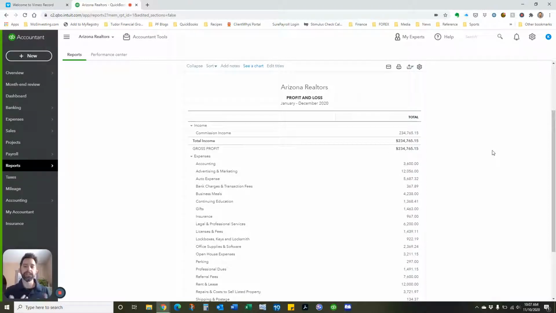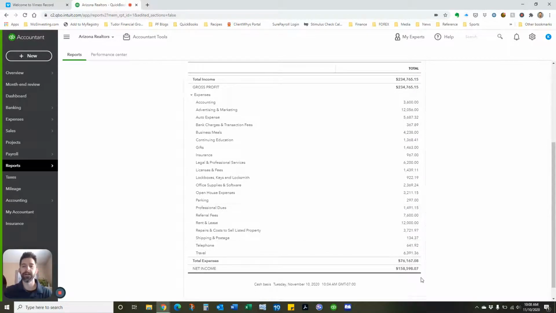We want to have this data to be able to see what's going on with the company, and to analyze where things can improve, maybe where you're falling short in areas, where you're spending too much, and what things can change so that you can optimize things. Really the goal is to get the most amount of money you can to the bottom line, which is that net income line.